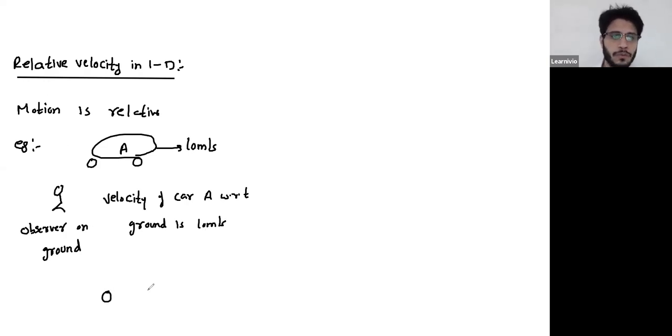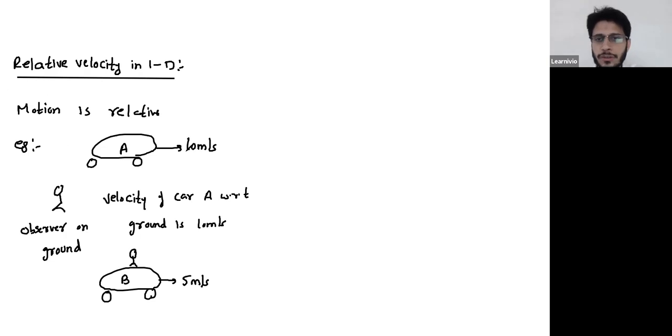Now say your observer, this is again your common sense, no physics, no mathematics, sits over a car B which is moving in the same direction with a velocity of 5 meter per second. Will the velocity of car A with respect to the observer on car B be again 10 meter per second, or will it change? Yes, it will change. The velocity will decrease.